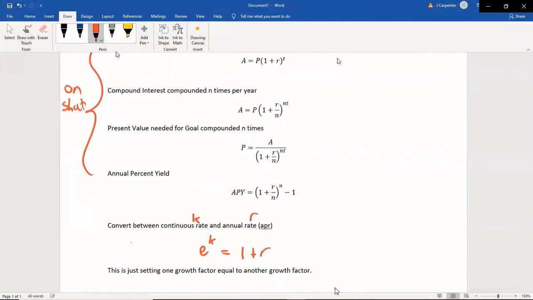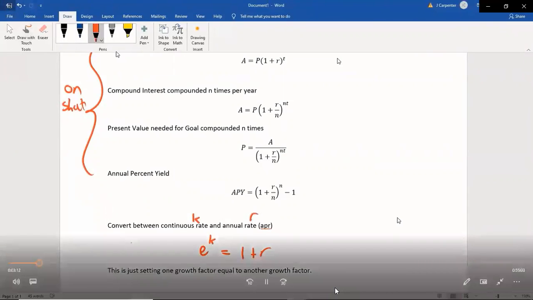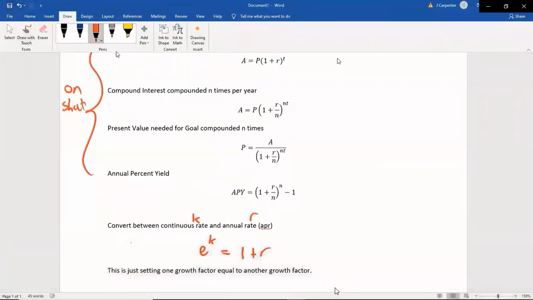And we also said that this is kind of like doing an APY, but instead of going from compounding monthly to yearly, it's like going from compounding continuously to yearly. So this R here is also known as an APY, and we're only able to go from the continuous rate k to the annual rate R. We are not capable of going backwards, and by not capable, I mean I haven't taught you how to do it.